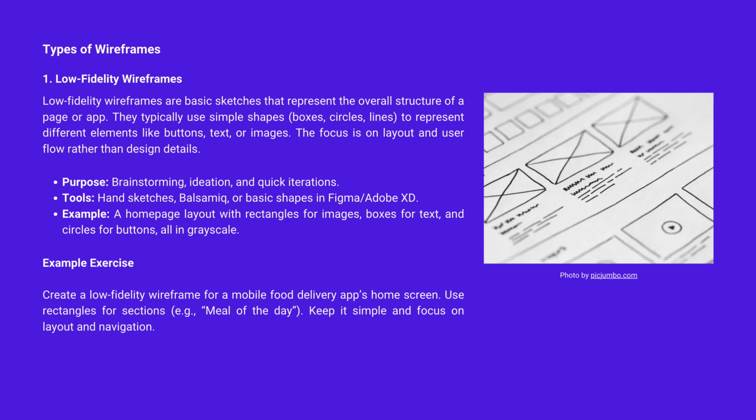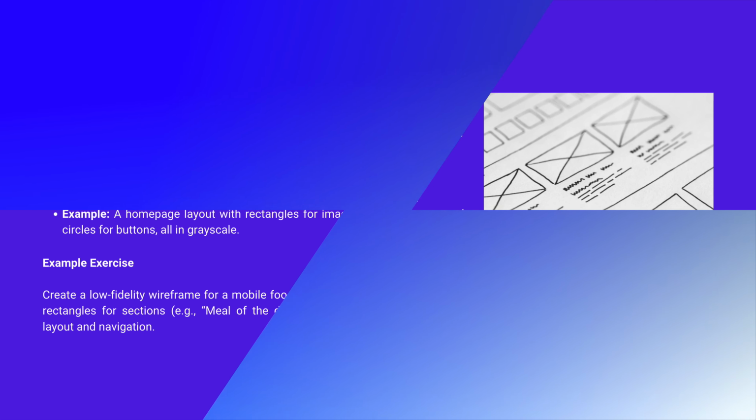A simple example is a homepage layout with rectangles for images, boxes for text, and circles for buttons. This is the example. We have all the rectangles, and some circles here for buttons like the video buttons.